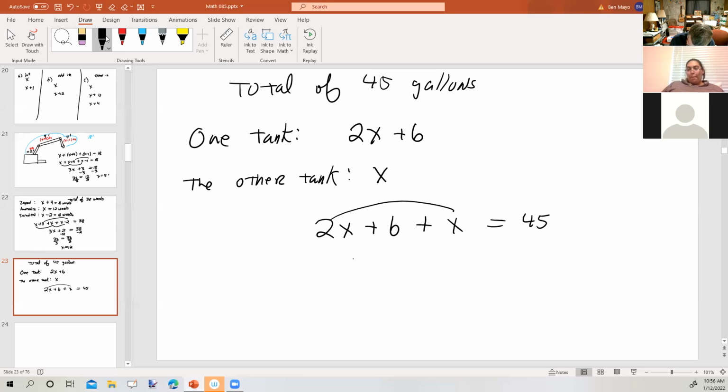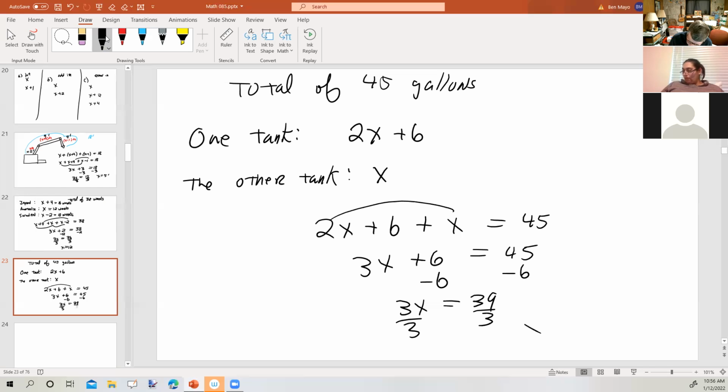Combining like terms, 3x plus 6 equals 45. Subtracting 6 from both sides of the equation, 3x equals 39. Divide both sides of the equation by 3, x equals 13.